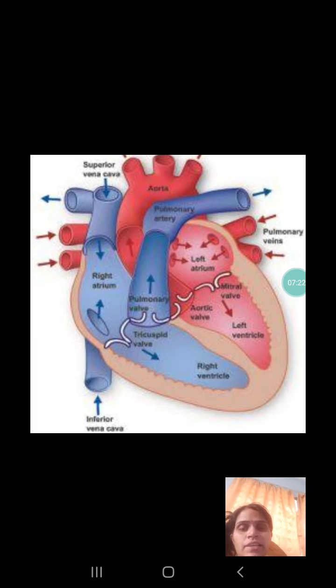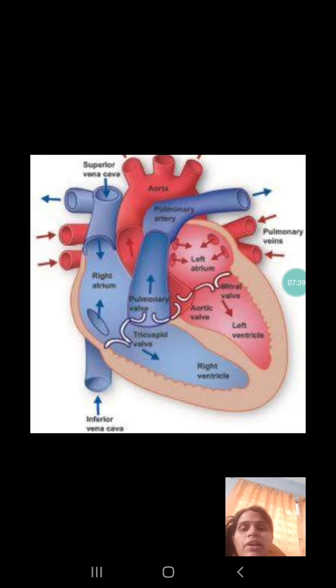Here we see the superior vena cava and inferior vena cava, but in your NCERT book it is written as vena cava. The superior vena cava carries blood from the head region, from the upper part of our body.